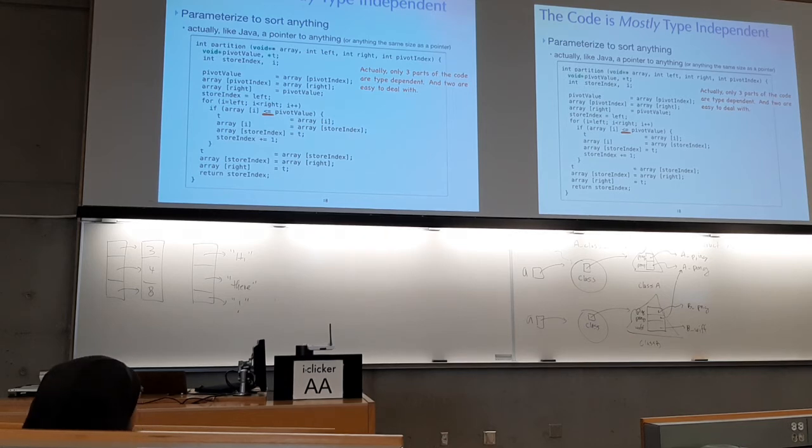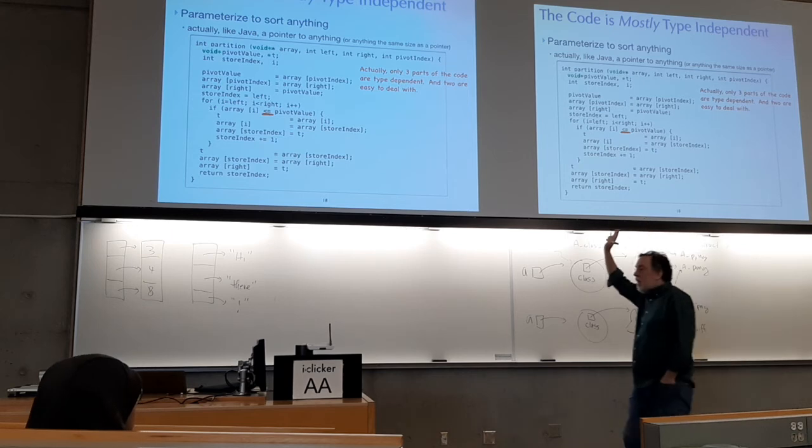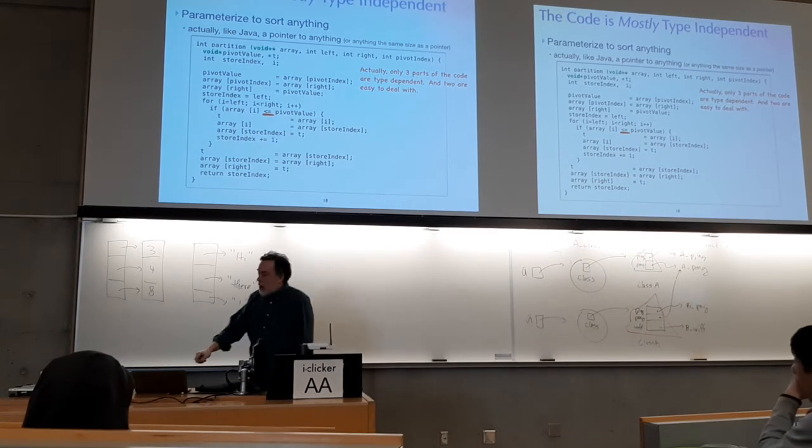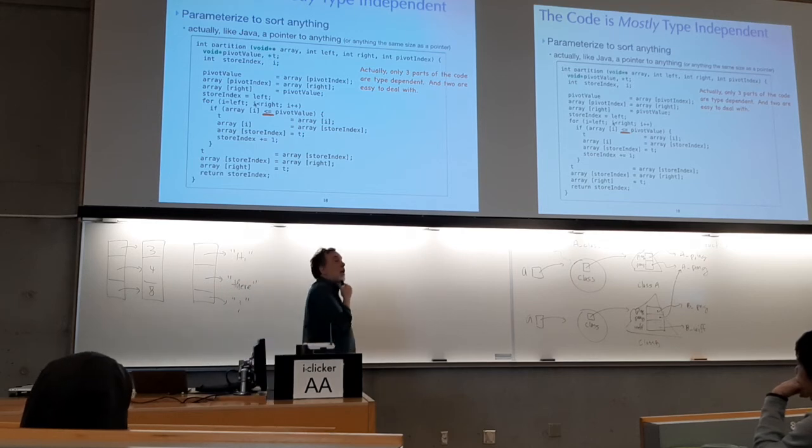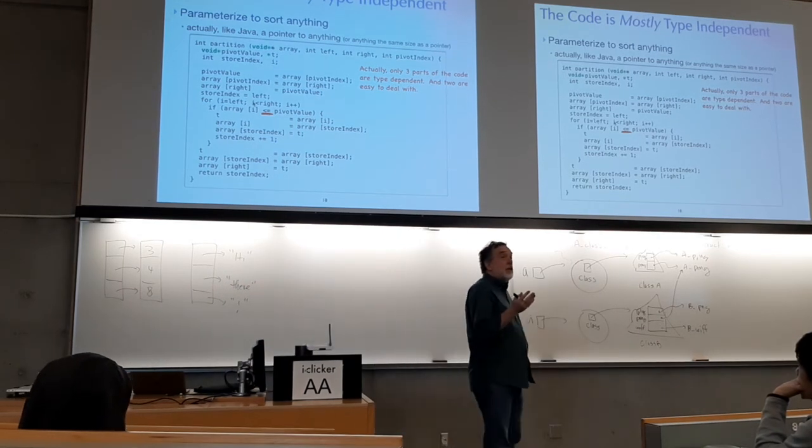And in fact, you might want to order integers in ascending or descending order, right? So it depends upon even little details about the type. So that needs to be a parameter, okay? So the void star thing, perfectly fine, no problem at all, but this is a problem. Now, how would you do this in Java?